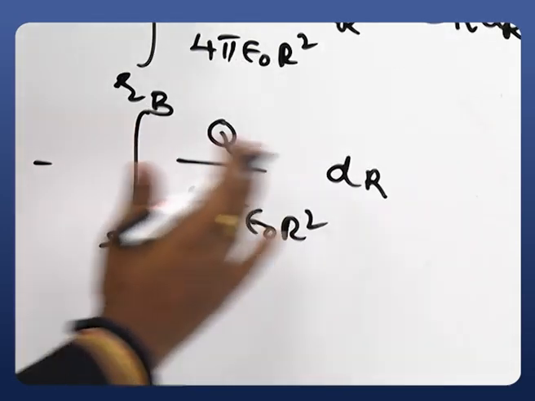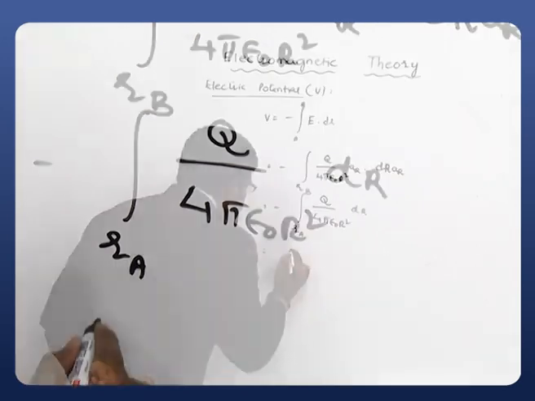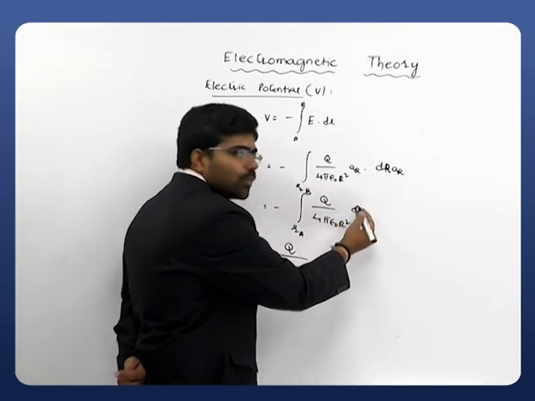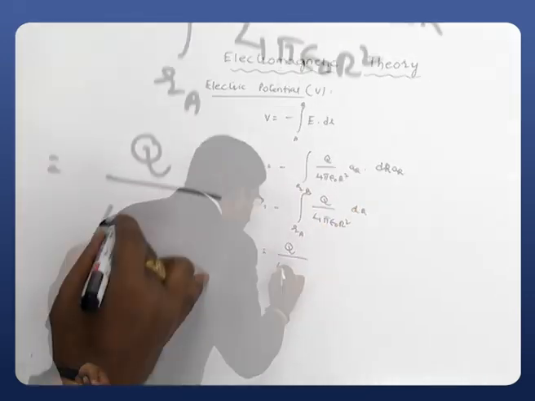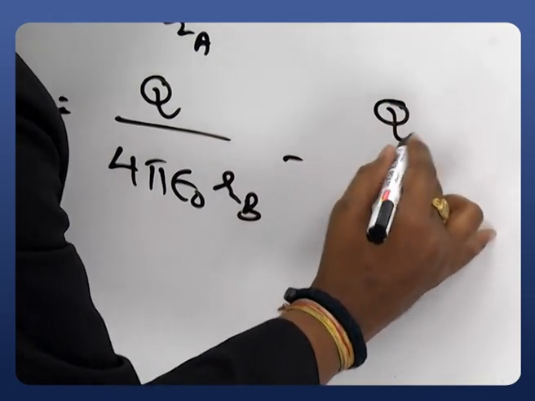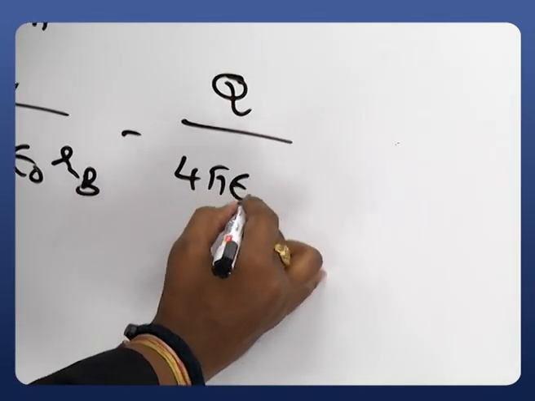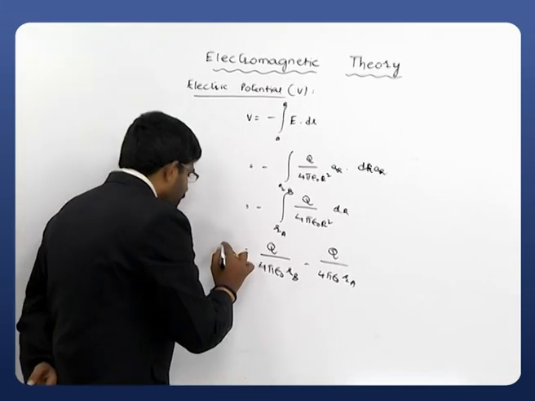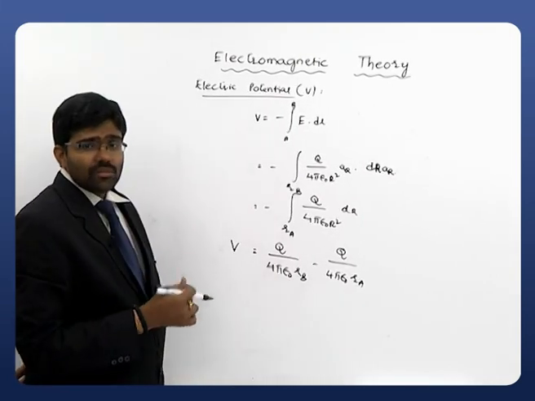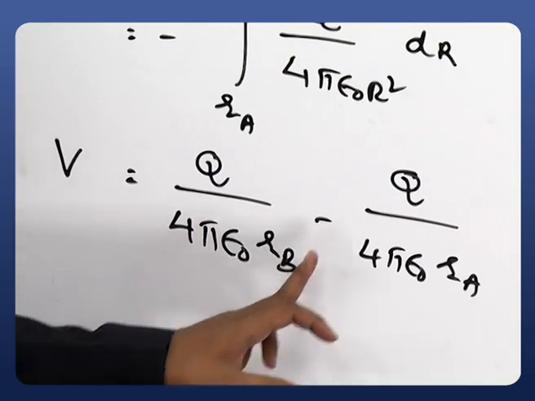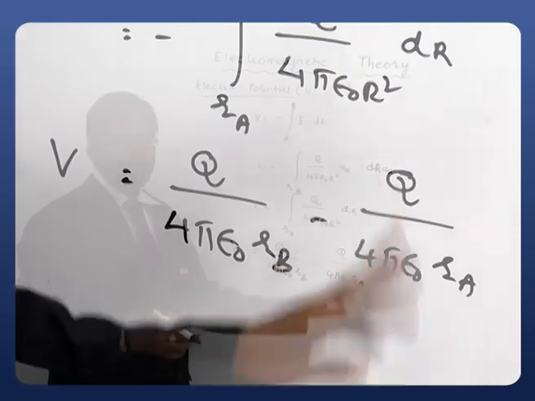After integrating this very simple integration of 1 by R square dr, we get V equals Q by 4 pi epsilon naught RB minus Q by 4 pi epsilon naught RA.